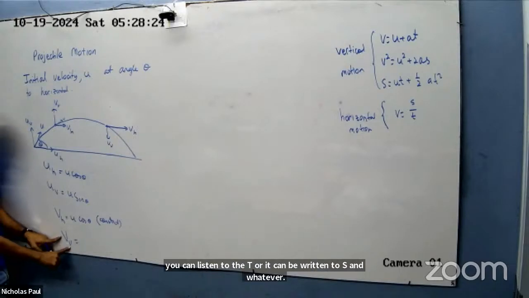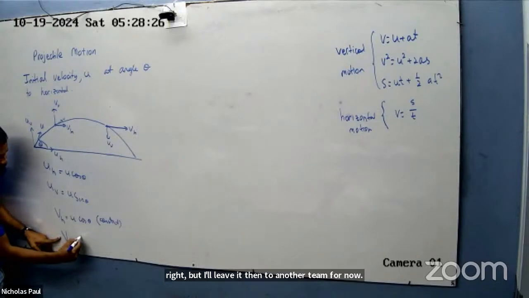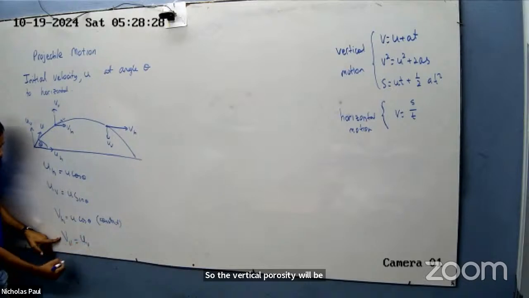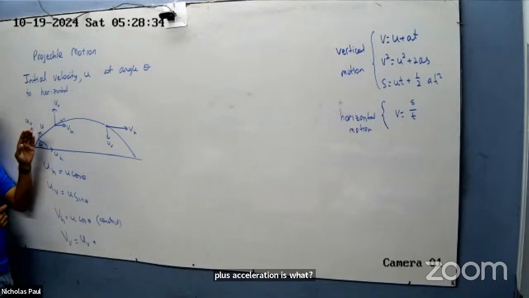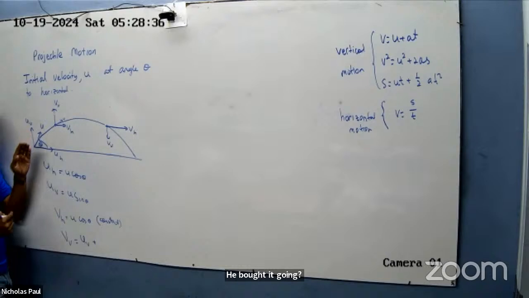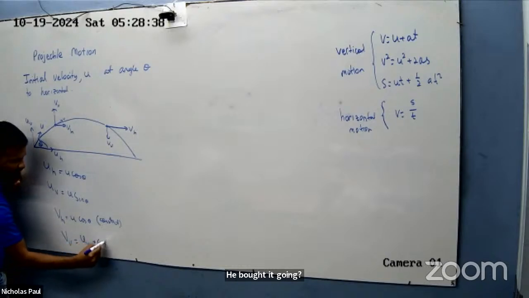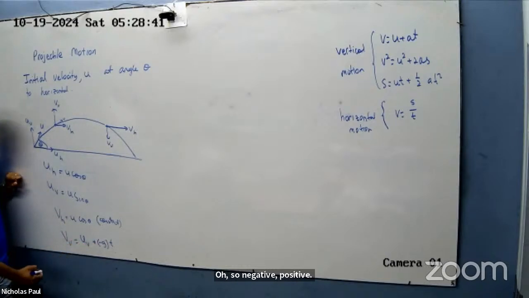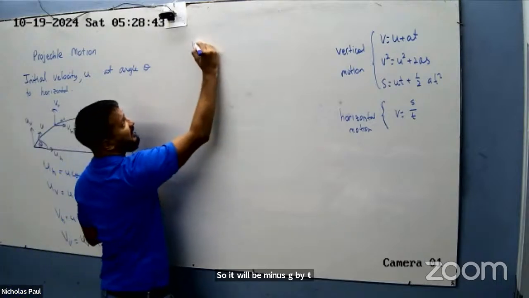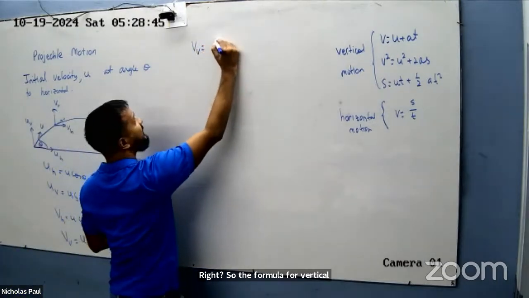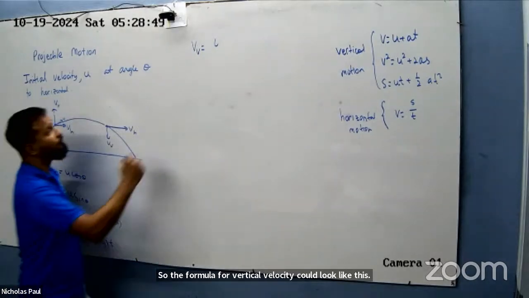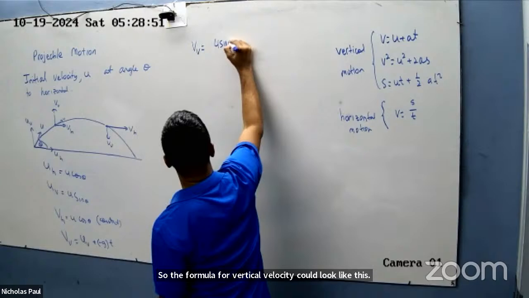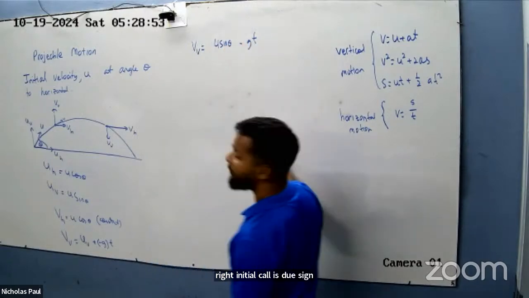So the vertical velocity will be the initial vertical velocity plus acceleration, which is what? Gravity, 9.8. But it's going up, so negative, positive. So it will be minus g times t. So the formula for vertical velocity could look like this. Initial vertical is u sine theta, so it could be u sine theta minus gt.